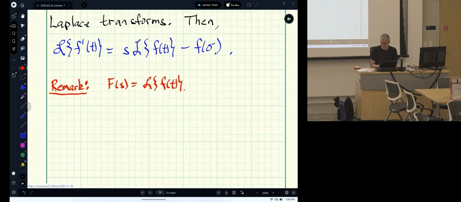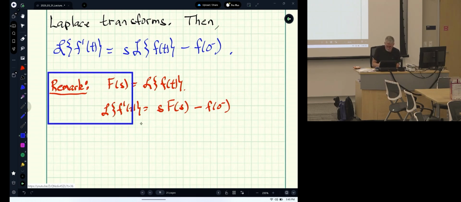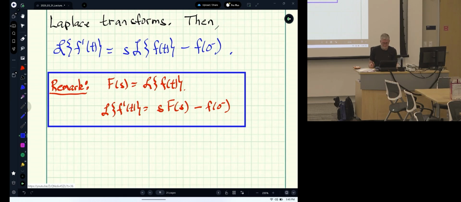So what this also says is that the Laplace transform of f prime of t is s times F of s minus f of 0 minus. Okay, so there's capital F of s, there's the s, and then f at this mysterious 0 minus. It's still mysterious for us, but that's okay.